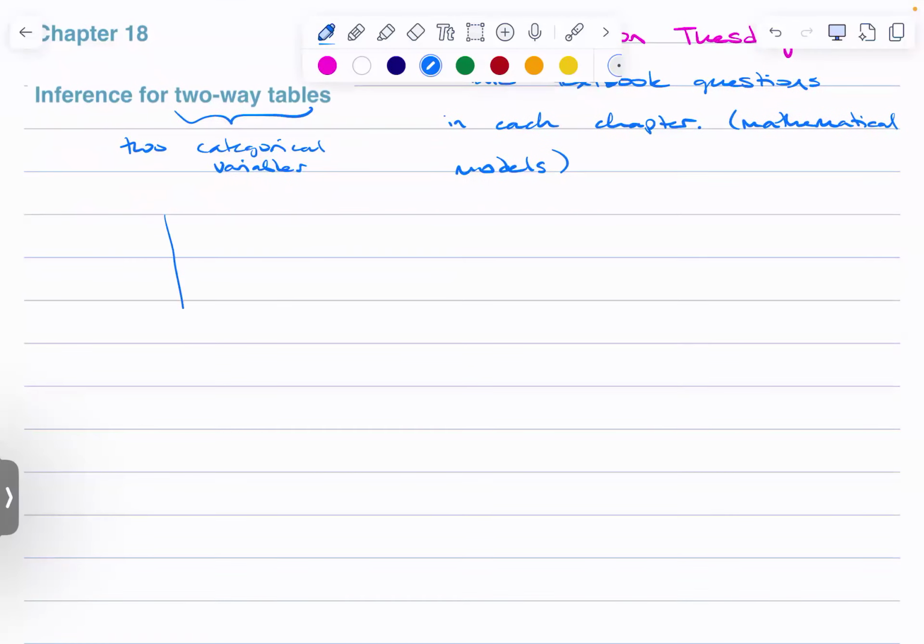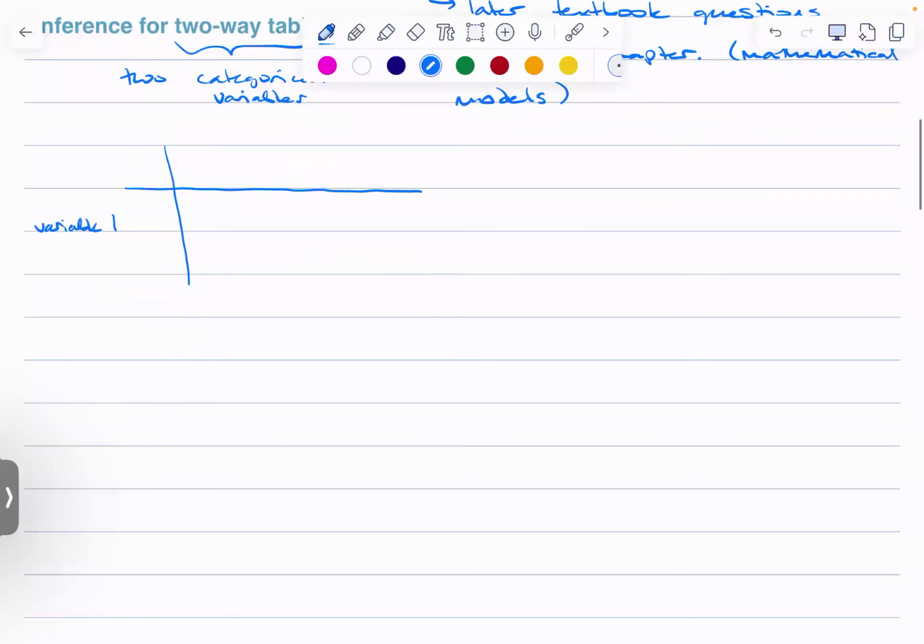Anything that looks like variable 1 and variable 2. Just in general, maybe I have A, B, C, and maybe I have 1, 2, 3, 4 as generic categories.